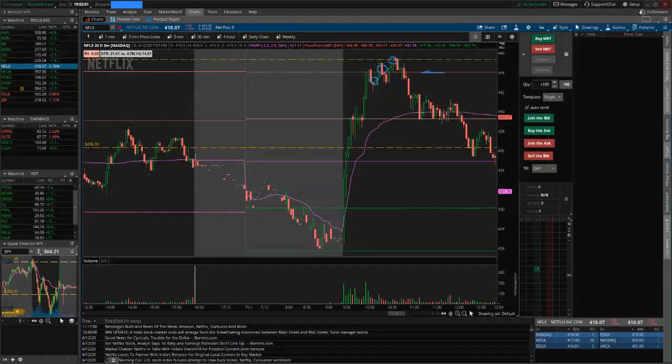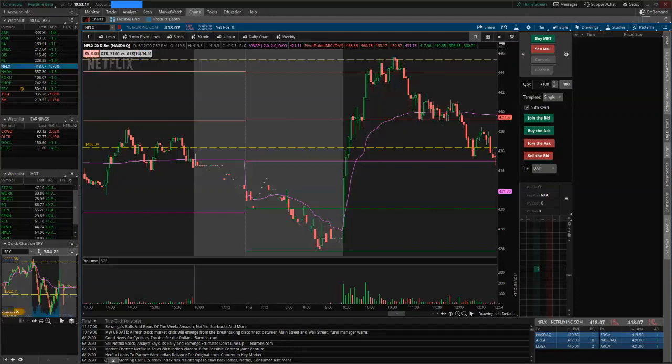But for something like Netflix that has an average true range of $14, it's a $450 stock. You want to give yourself a few dollars of room here, so you just need to size down to adjust for that. That's just the way it is with these ones.